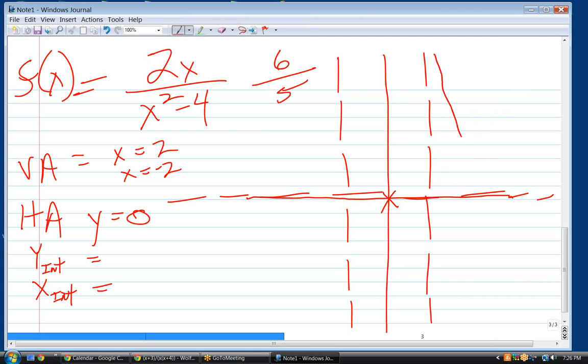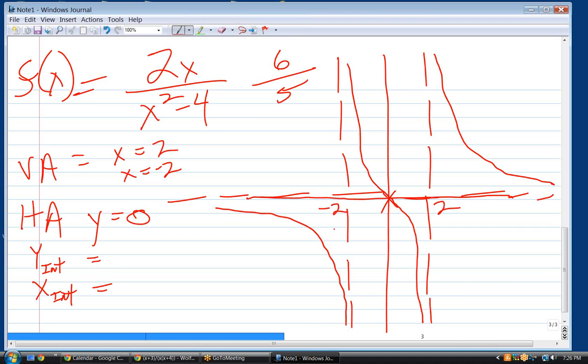That tells us that it looks like this, and almost certainly looks like that, and looks like this. Let me just check this one on the left. If I plug in -3, then I get -6 over 5. That's an accurate picture.